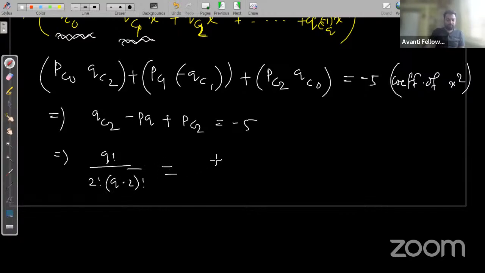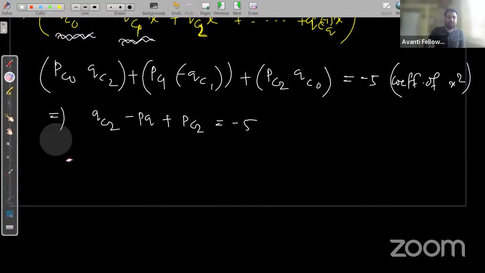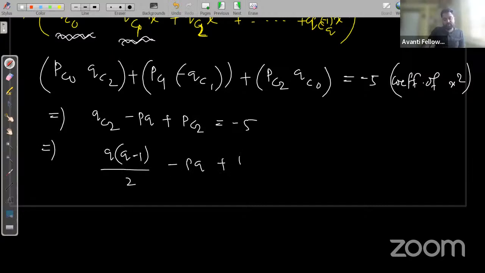I'm writing the answer directly, you have to calculate all these things: Q into Q minus 1 upon 2 minus PQ plus P into P minus 1 divided by 2 is equal to minus 5.